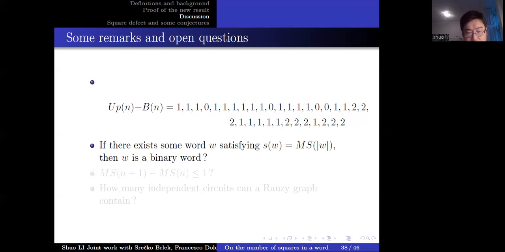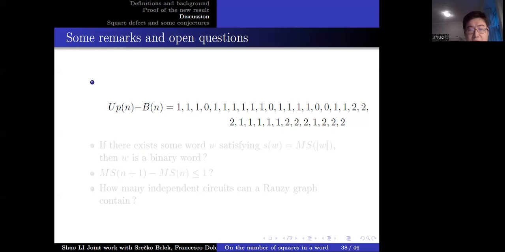The next question is: if we consider the sequence ms itself, can we say that the difference between two consecutive elements of the sequence is upper bounded by 1?